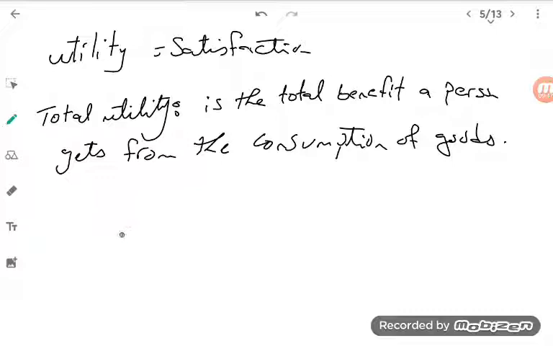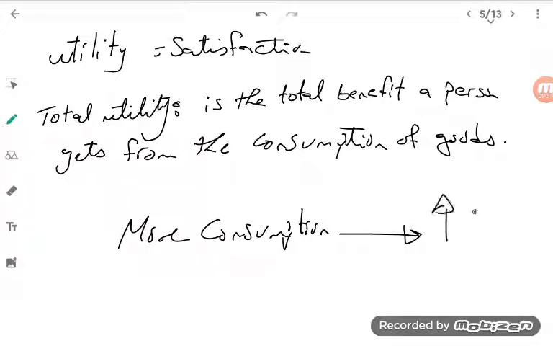This means more consumption, more total utility.